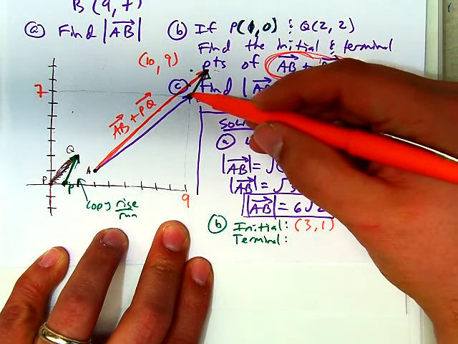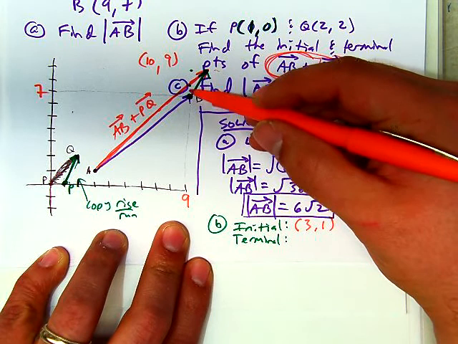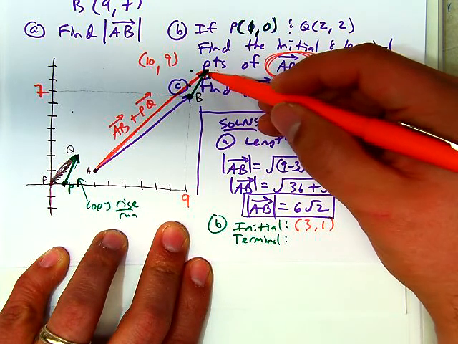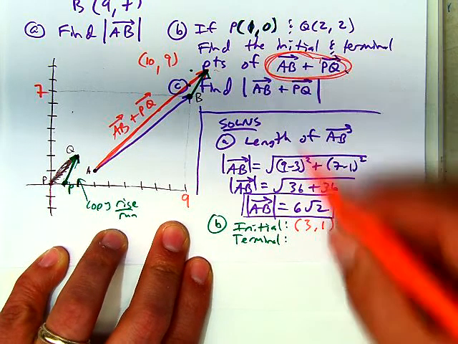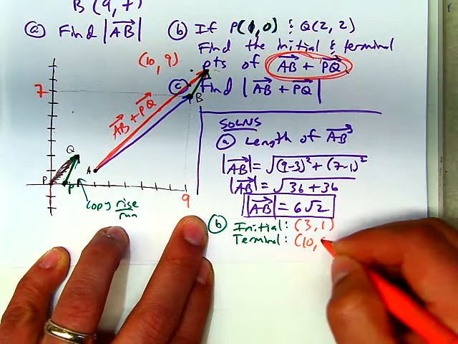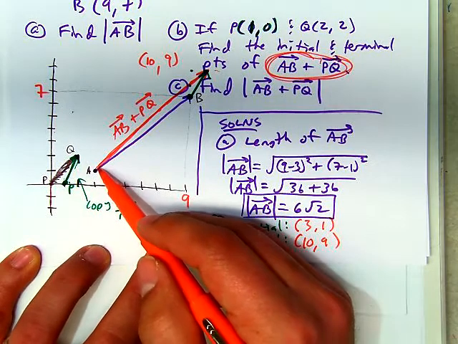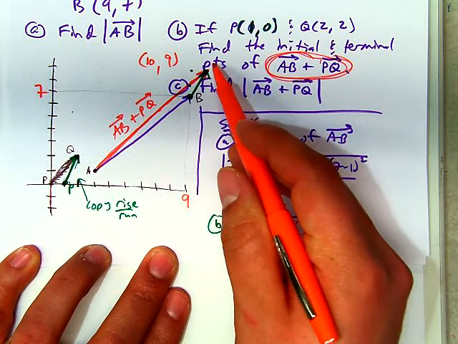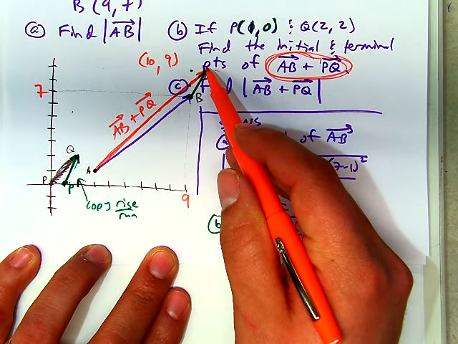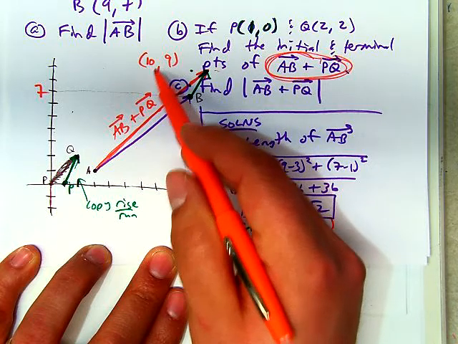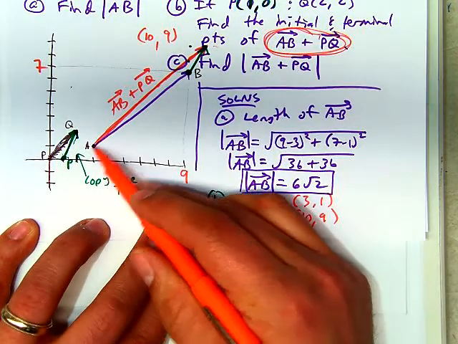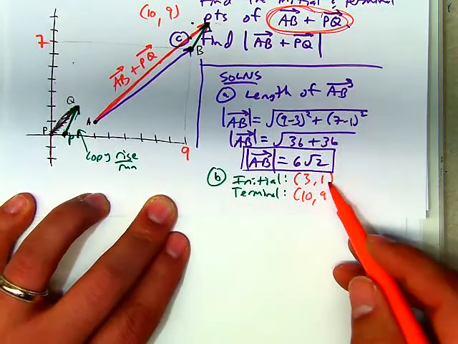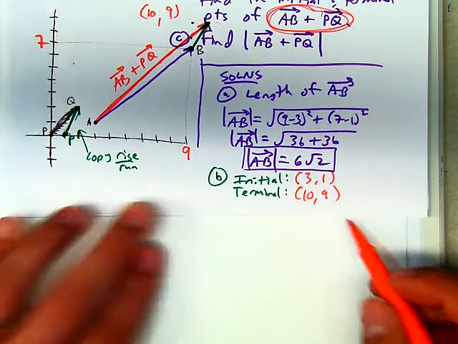In other words, from this point, which is 9, 7, if I go up 2 units and over 1, now I'm at 10, 9. So that would be the terminal point, 10, 9. So if you connect A all the way to the new terminal point of AB plus PQ, which is 10, 9, you get this long orange vector. So 3, 1 is initial, 10, 9 is terminal.